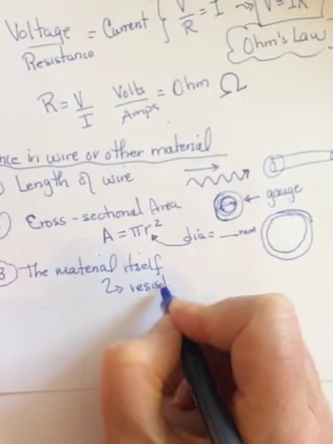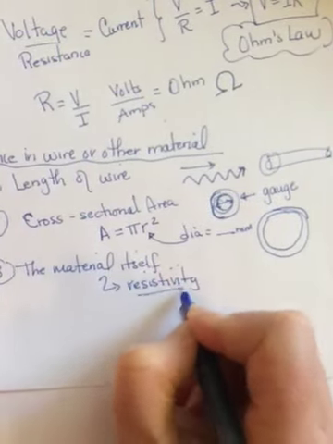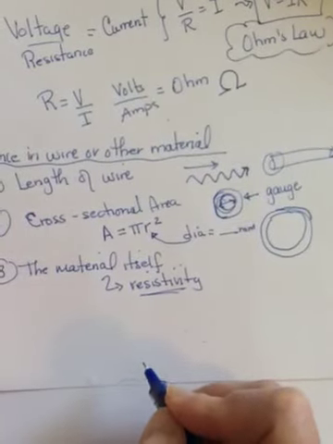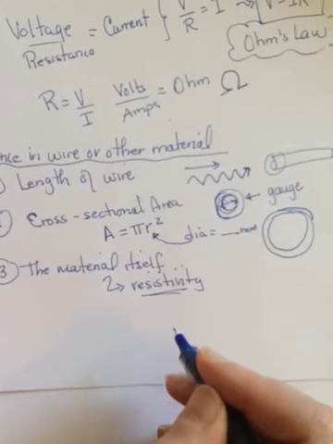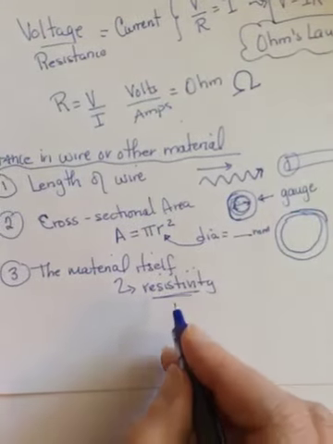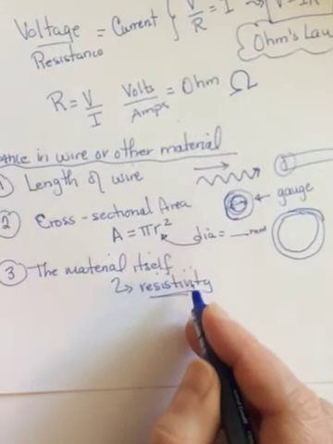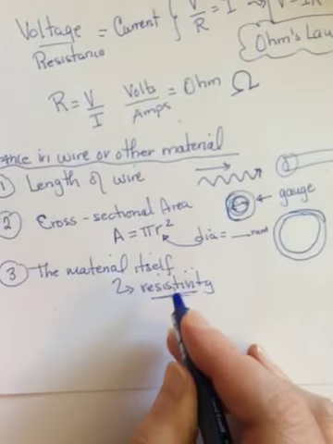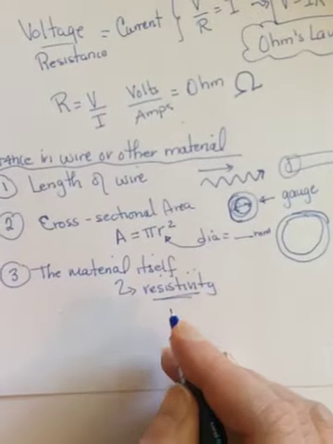It is a measure of how well a material holds its electrons and therefore how much resistance it has. Okay? It's kind of like the coefficient of friction. The bigger the resistivity, the more resistance. The smaller the resistivity, the less. Just like the bigger the mu, the more friction.